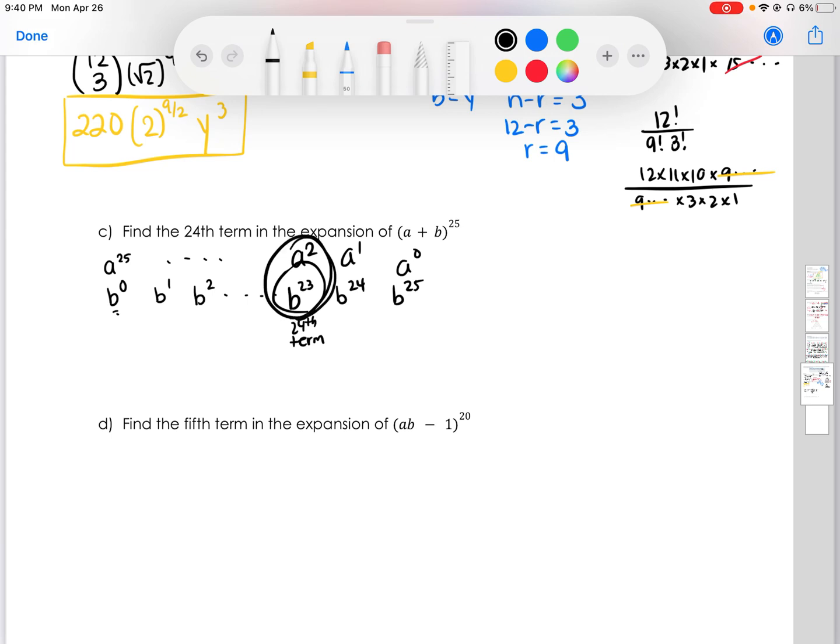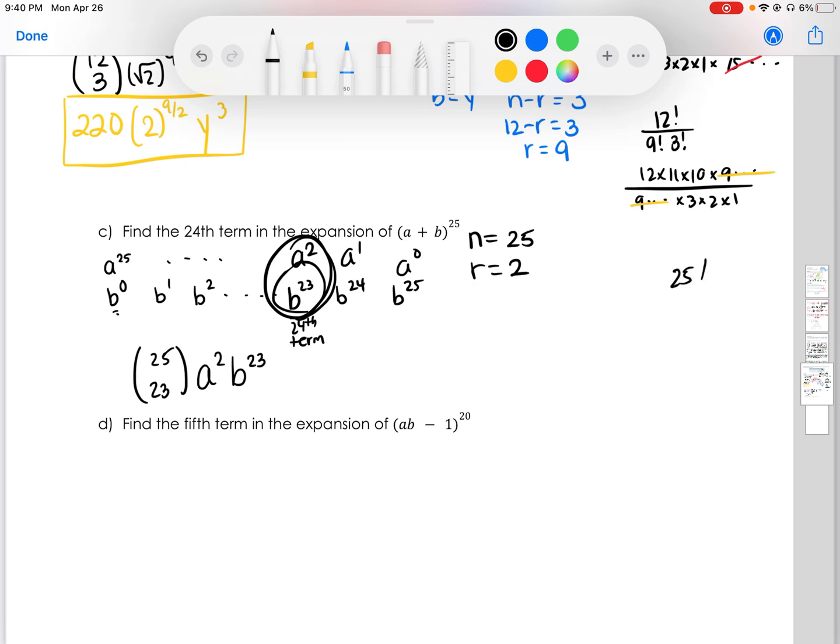All right, so we have A, we have B. A and B are just A and B, but N is 25, and our R in this case is going to be 2. So we have 25. We have 25 minus 2, so that's going to be 23. And we have A to the R and B to the N minus R, so 23rd.